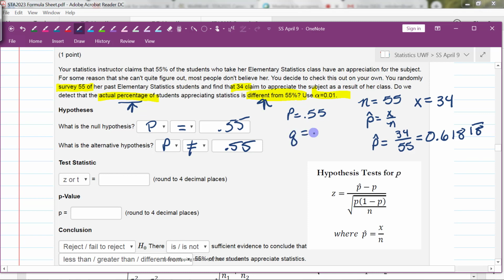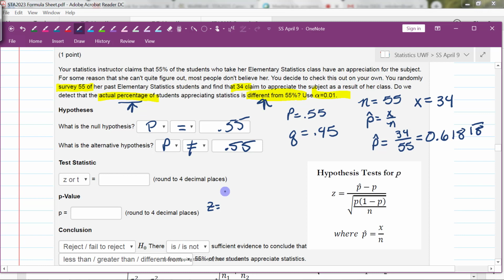Q is equal to 0.45 because that's 1 minus P. And here's your formula, by the way, for P hat. Now we're going to use all this information to calculate our test statistic. So Z is going to be equal to P hat. P hat is right here.